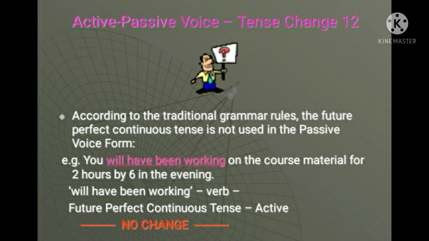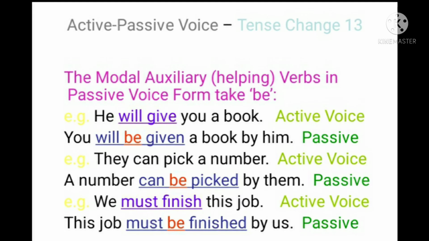Now let us go to the last example wherein the modal auxiliary verbs or the helping verbs are used in the passive voice form. How it takes be. Example, he will give you a book. Active voice. The passive voice form of this sentence will be you will be given a book by him.